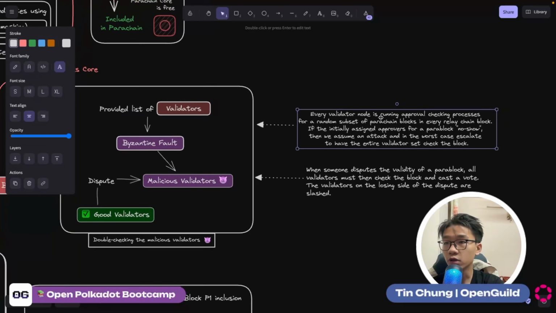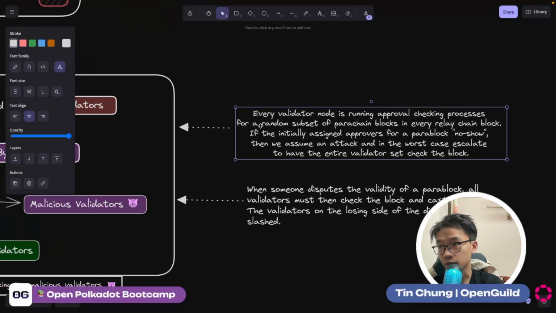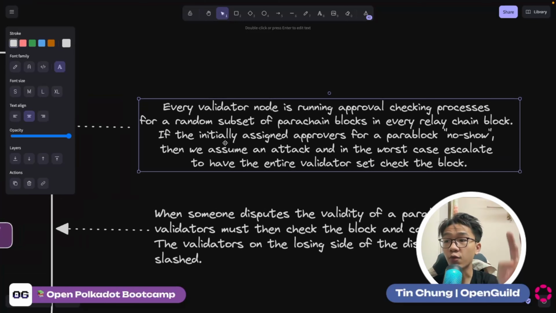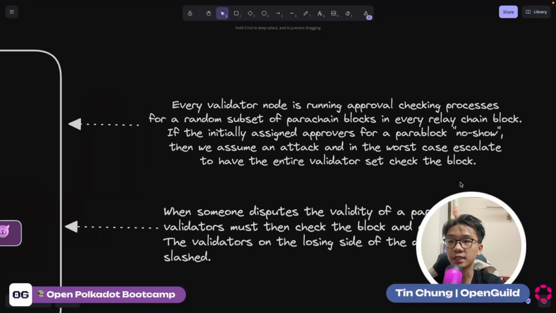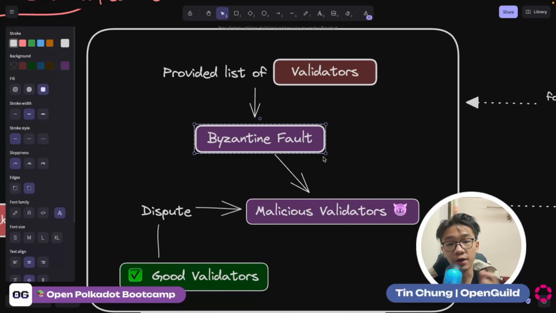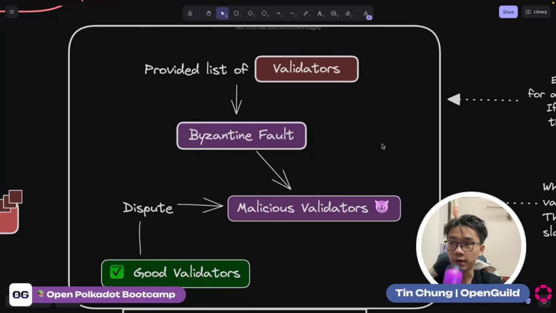Every validator node runs approval checking processes for a random subset of Parachain blocks in every relay chain block. If the initially assigned approver for a parablock says no, then we assume an attack and, in the worst case, escalate to have the entire validator set check the block. So we pick a random validator, and if there's some malicious action, we ask the whole validator set to check that block.